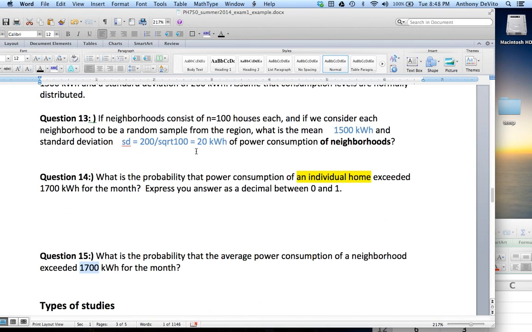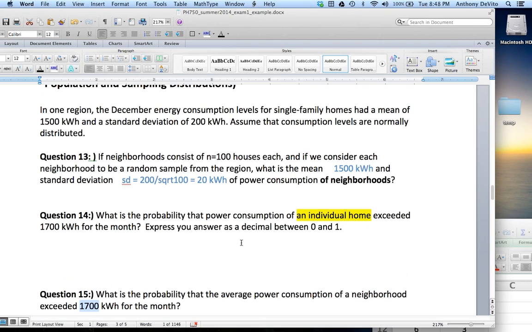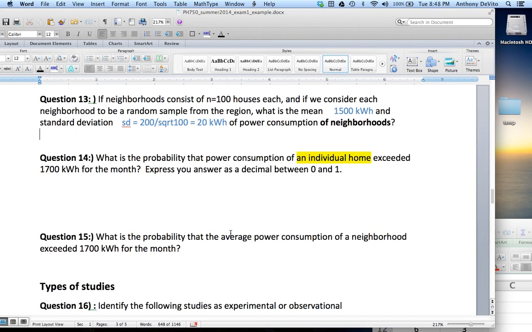But we use the standard deviation for the sampling distribution, so in this case it's going to be 20. So it's 200 divided by 20, or a z-score of 10, and that's a ridiculously high number, right? The probability that a neighborhood would be higher than 1,700 is basically almost zero.